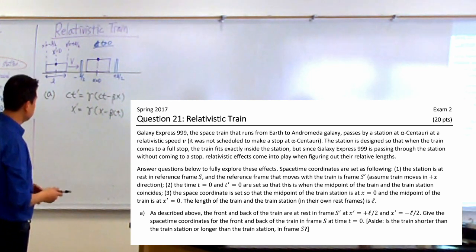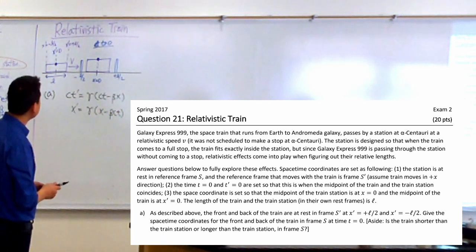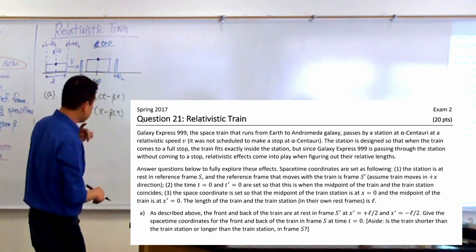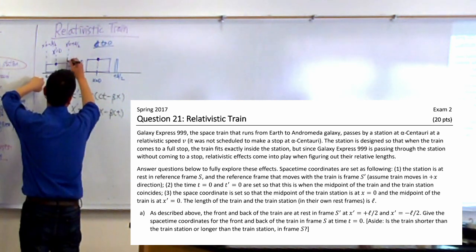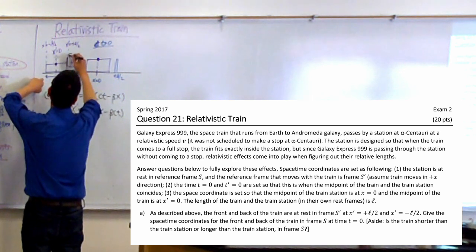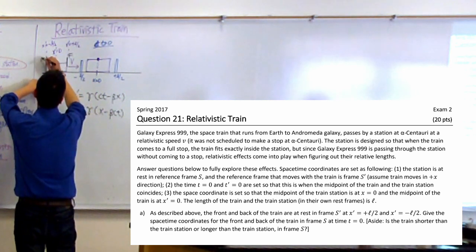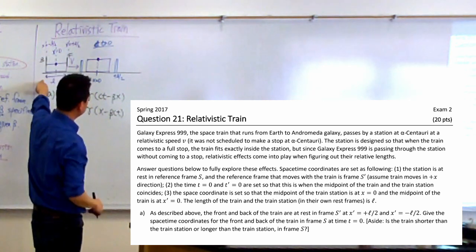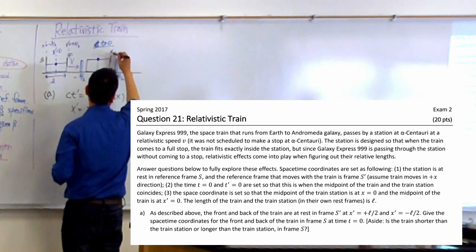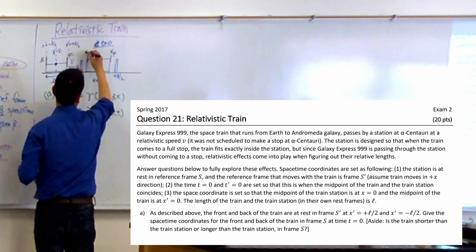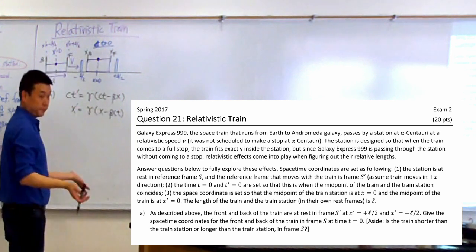So let's plug in the numbers we have. We have two different points, the front and the back. Let me call the front F and the back B. So we are looking for the coordinates x front and x back, right?